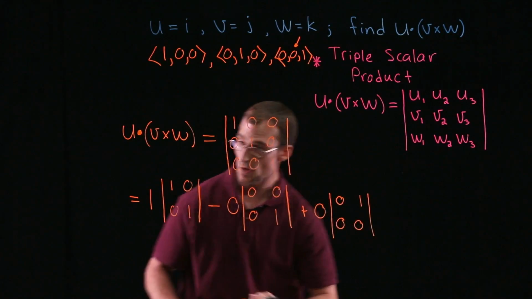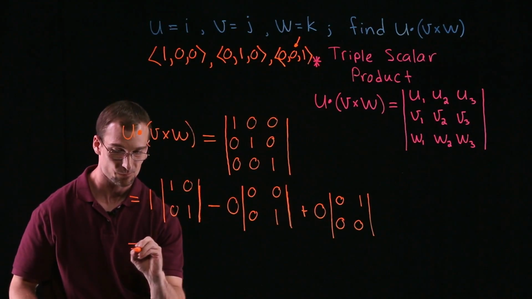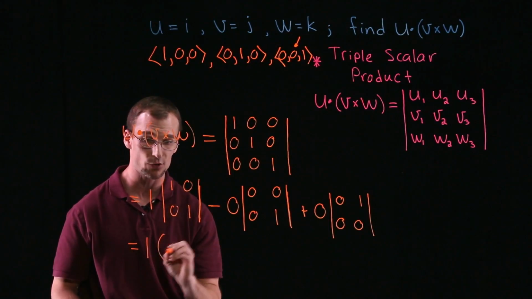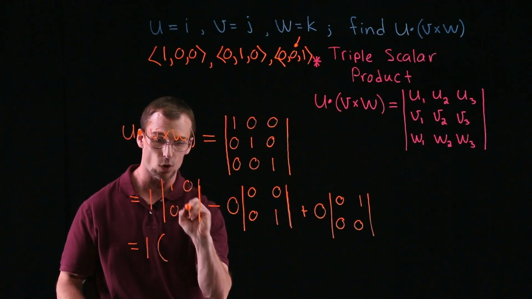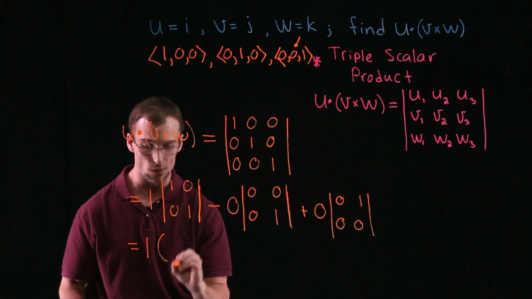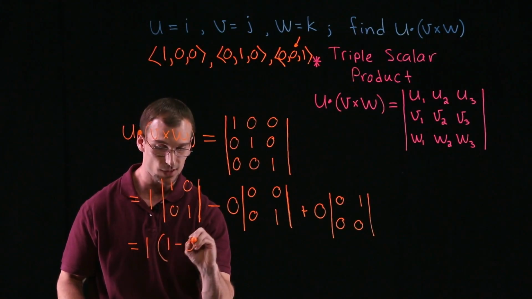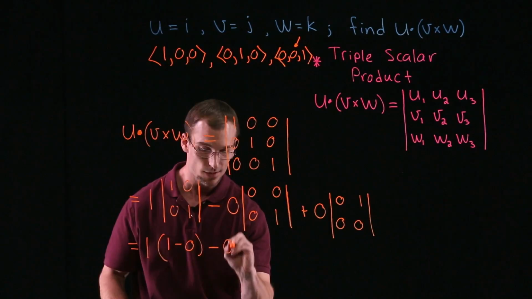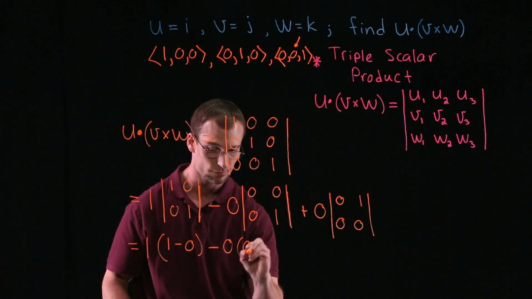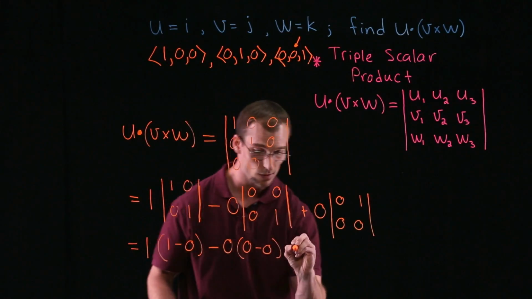Okay, so let's go ahead and finish it up. We're going to have 1 times the determinant of a 2 by 2 matrix. We multiply the diagonals, 1 times 1, minus the product of the other diagonal, 0 times 0. So 1 minus 0. Then minus 0 times 1 is 0, minus 0.